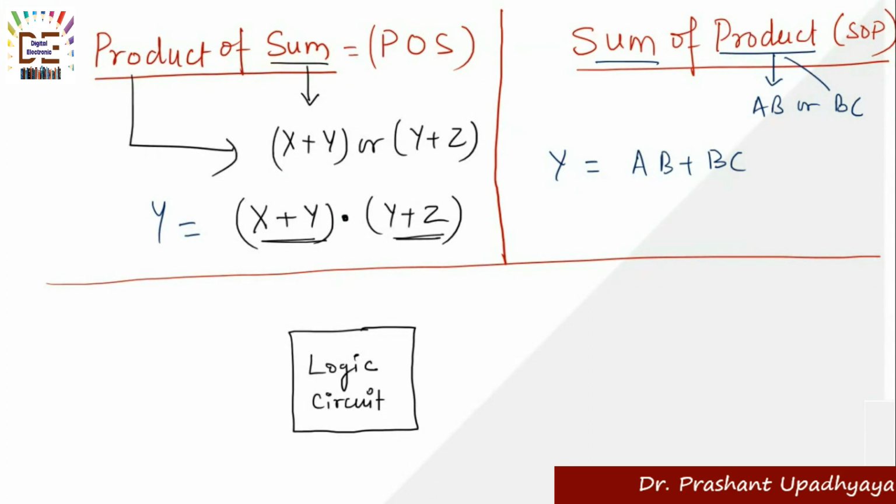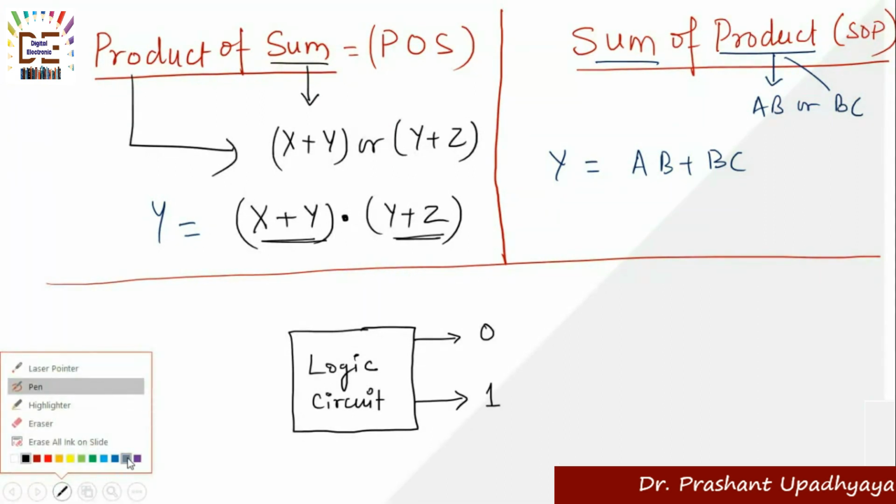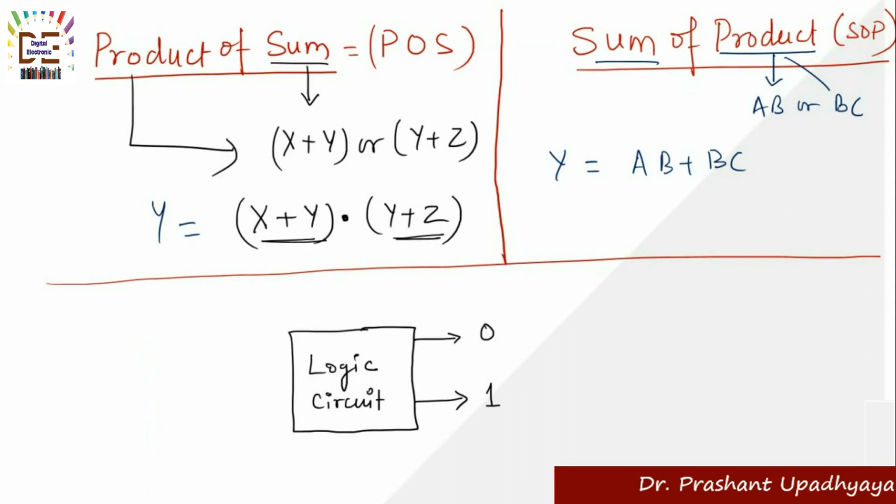Do you agree or not? Any logic circuit can have an expression in the form of 0s or 1s. Based on this 0 and 1, we are classifying the circuit.